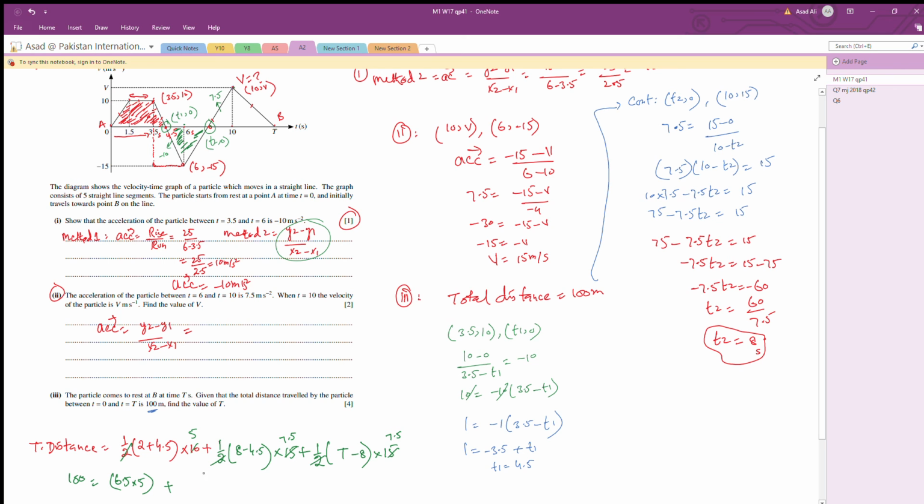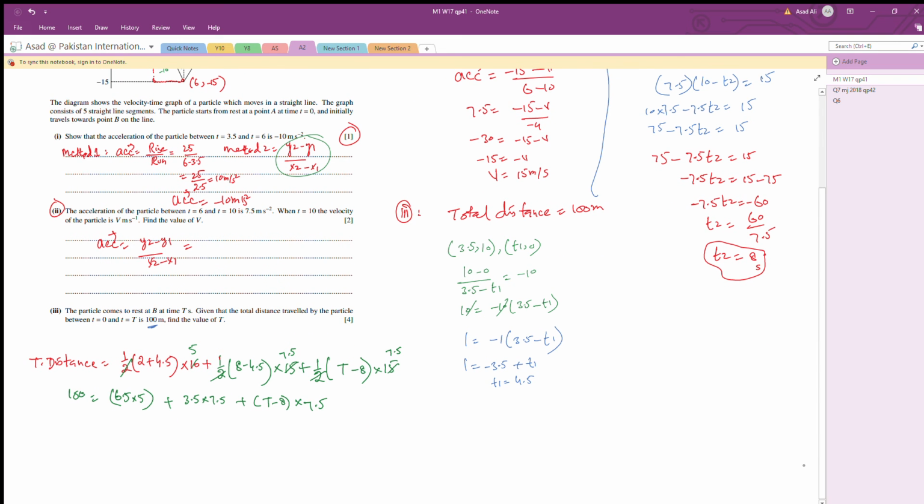So 8 minus 4.5 is 3.5 into 7.5, done, and plus (T minus 8) into 7.5, which is equal to 100. Now please solve this equation.